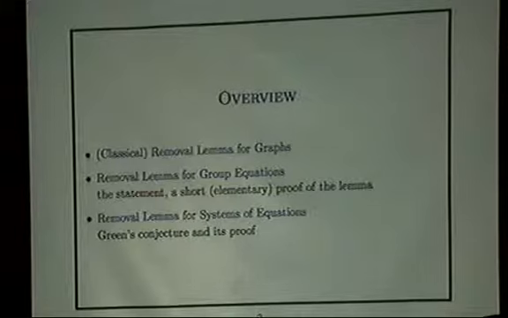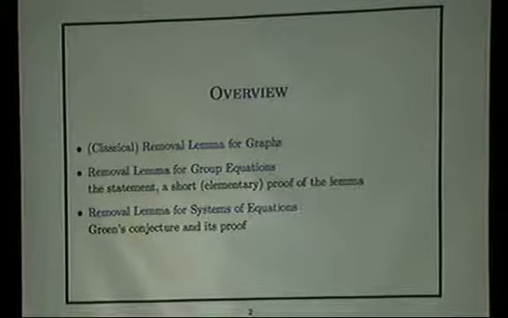And at the end of the talk, I would like to talk about another algebraic version of the removal lemma, in particular the removal lemma for systems of equations, which was conjectured by Green. And if time permits, I will probably say a few words about its proof, but I am not sure that I will be able to give too many details, so maybe I will just sketch some ideas behind it.